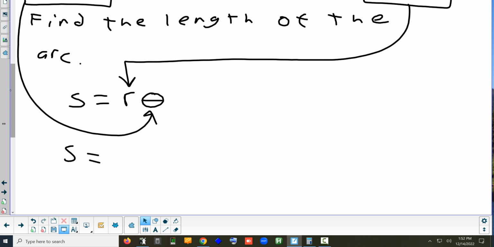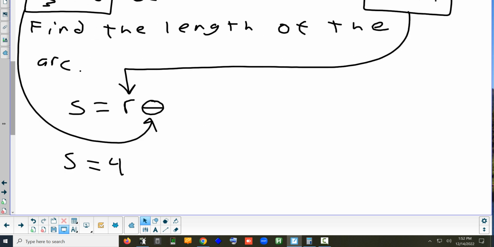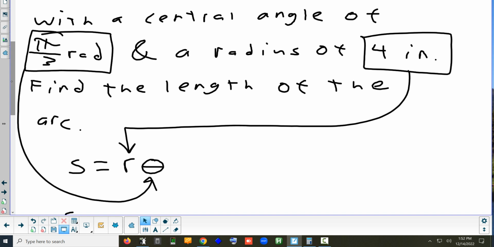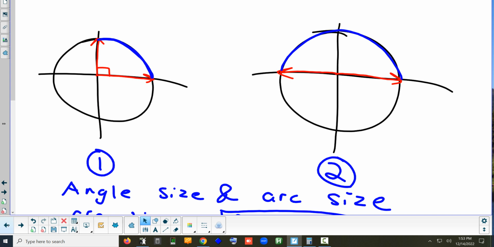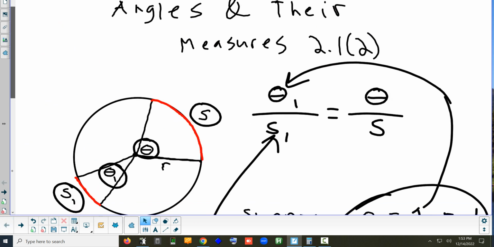So we have S equals 4 times pi divided by 3. Now, the angle is already in radians. What unit is it supposed to be in? Inches? Well, angles aren't measured in inches or feet. Angles are measured in degrees or radians. So in this formula, the angle is supposed to be in what? Let's go back and look.